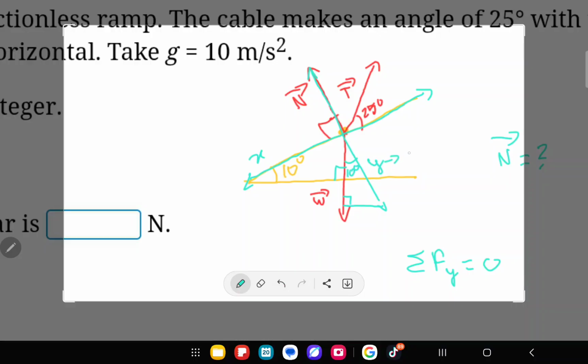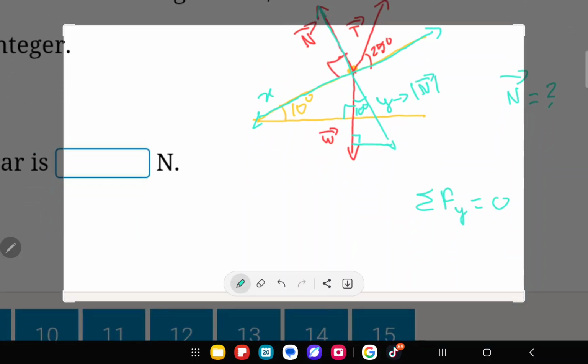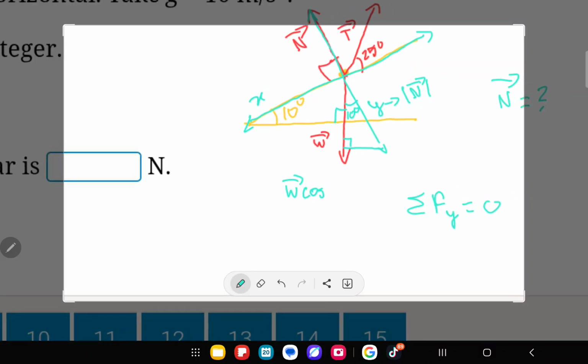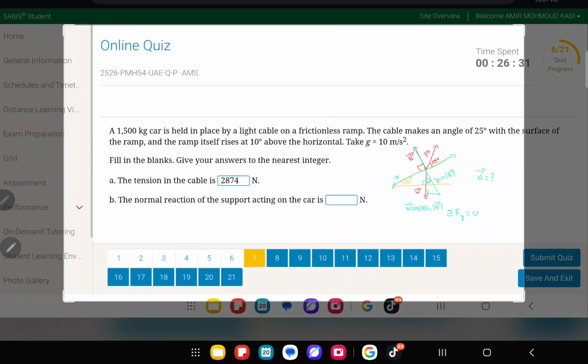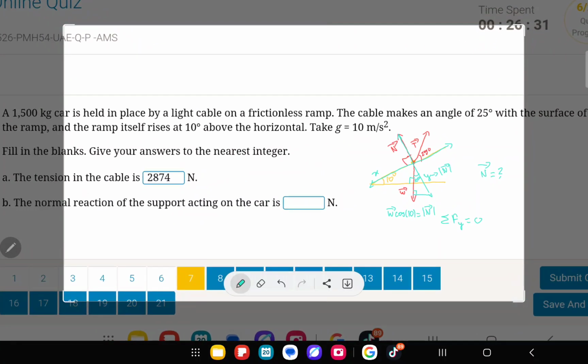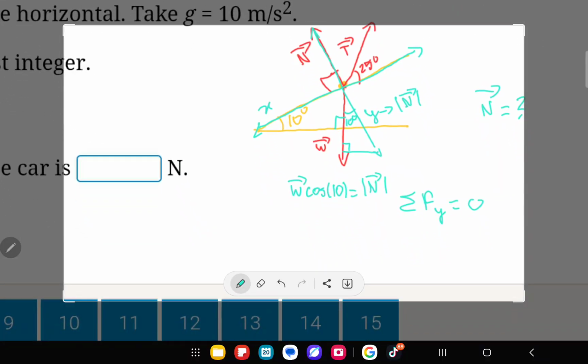So we have W and we have 10 degrees, and we want to find Y, but in this case we want to find the magnitude of N. So to do this we must do W cosine, not sine but cosine, 10 is equal to the magnitude of the normal. This here is just the magnitude of the normal, right?